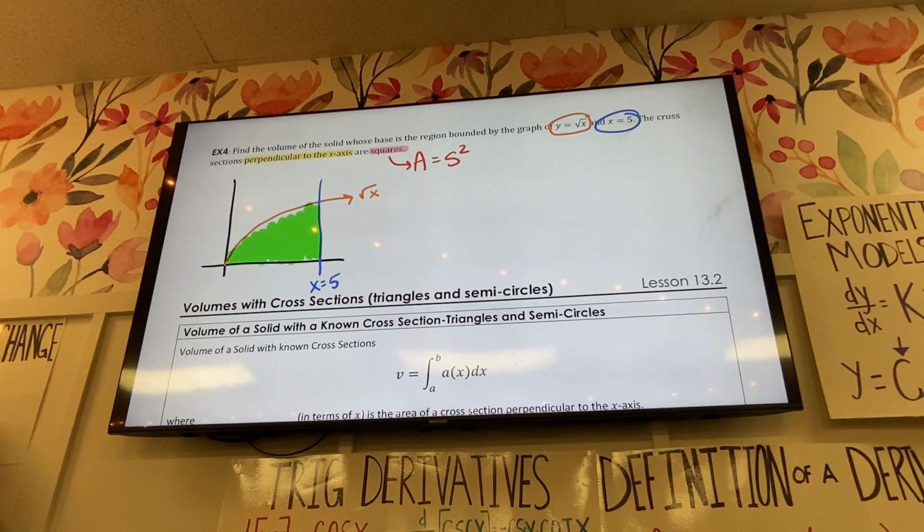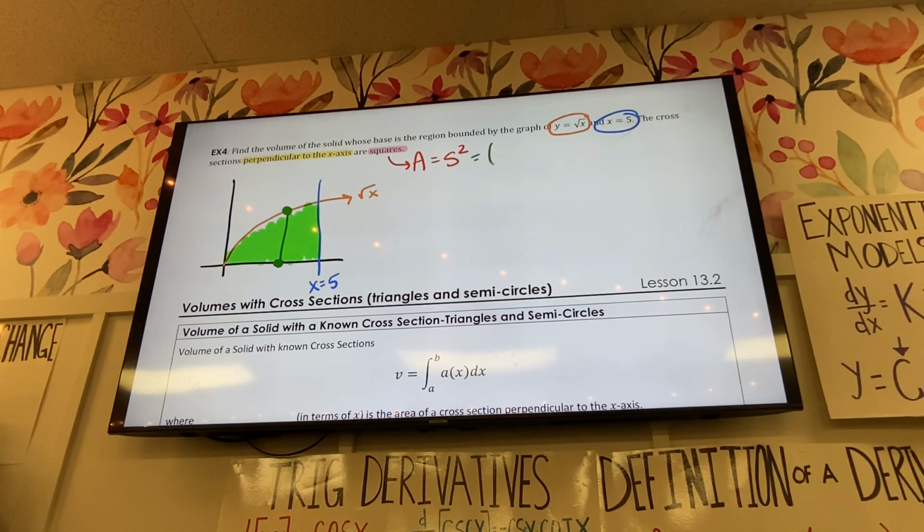So the base is where you're going to draw your line, from the top all the way to the bottom, perpendicular to the x-axis. And then I can visually look at this line and ask, what is the top of this line? What is the bottom of this line? And that will tell you top minus bottom.